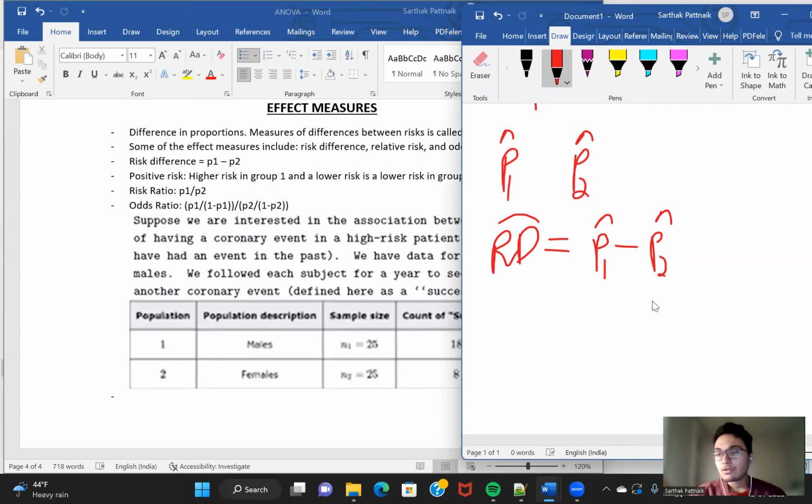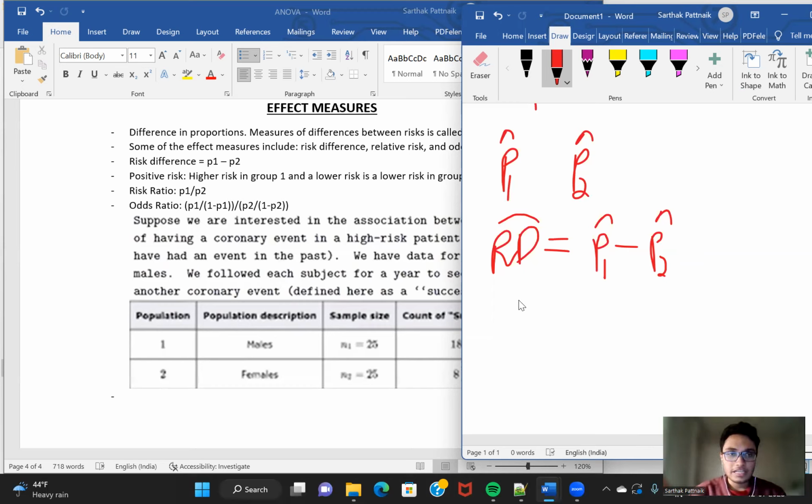Depending on the resultant quantity, if this quantity is greater than 0, it means that there is higher risk in the first sample than my second sample. If this is less than 0, it means that there is more risk in the second sample as compared to the first sample. And if they are equal, the risks in both the samples are equal.